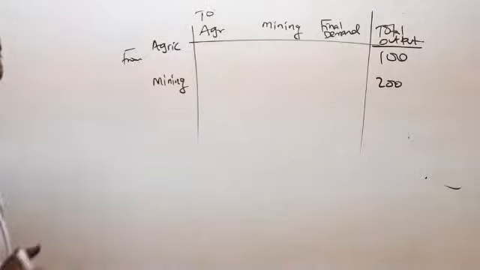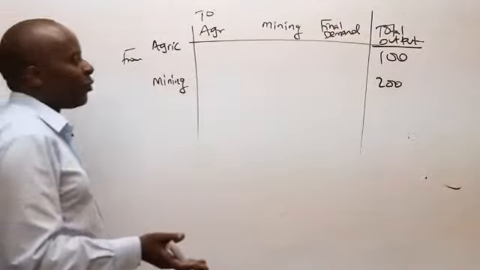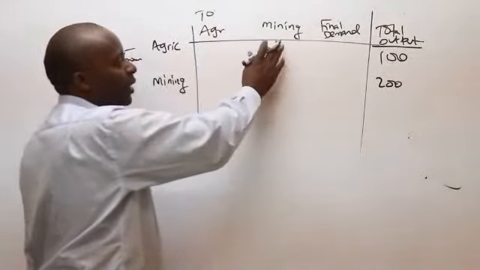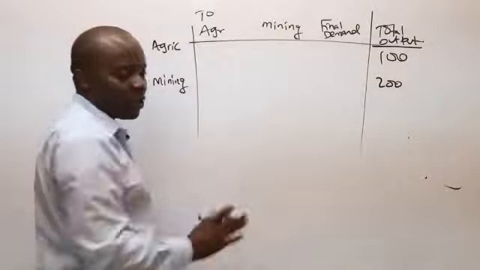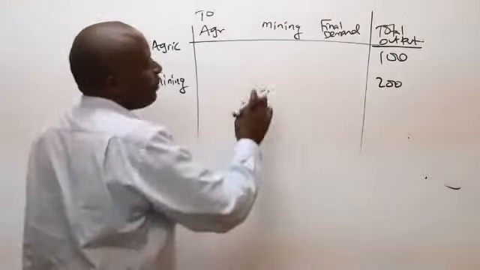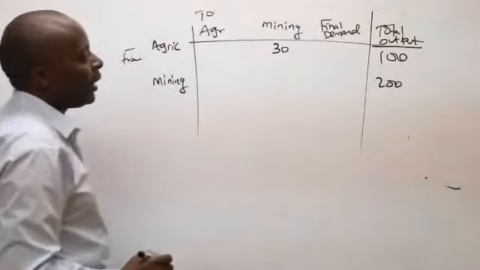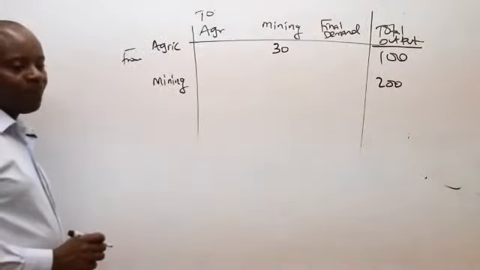That's very normal. Agriculture could have sold some bags of maize to the mining industry, perhaps 30 kilograms.